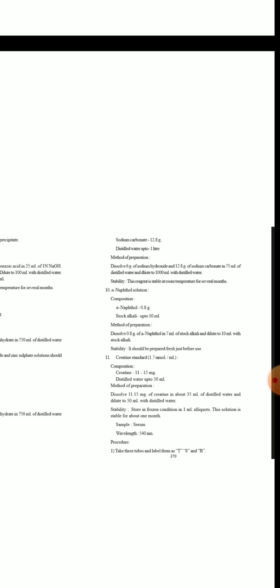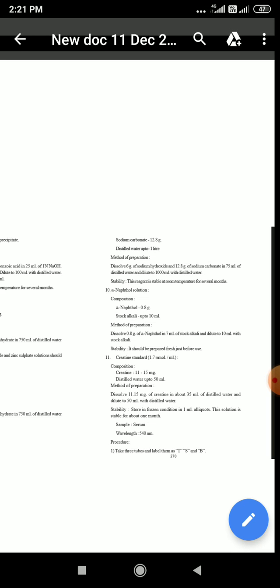Next we have alpha-naphthol solution. We will prepare this in stock alkali up to 10 ml. Next we have creatine standard. Around 11 to 15 mg of creatine will be mixed in about 35 ml of distilled water and then we will make up the volume to 50 ml with distilled water.